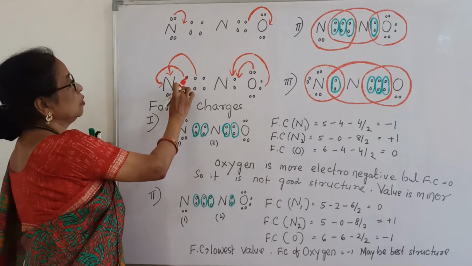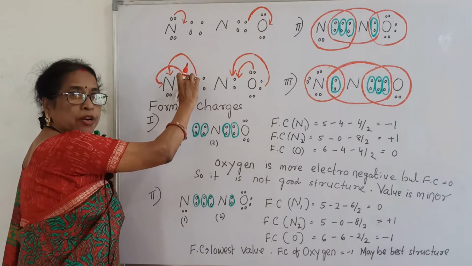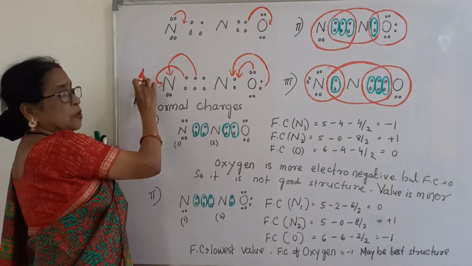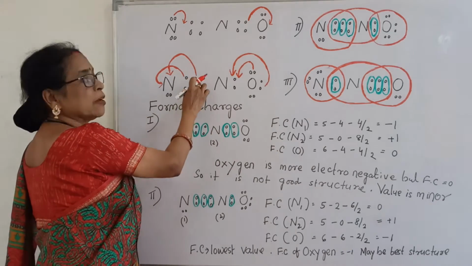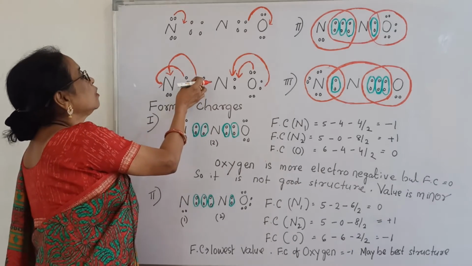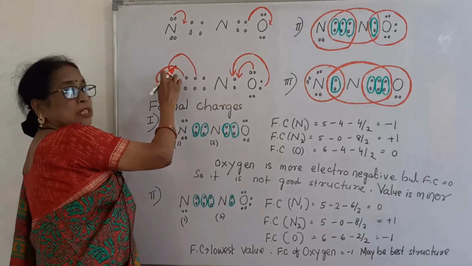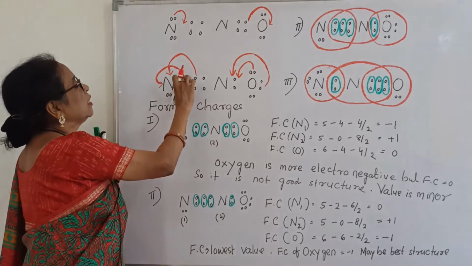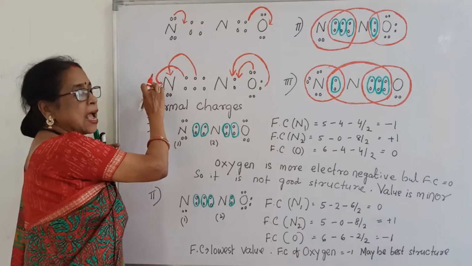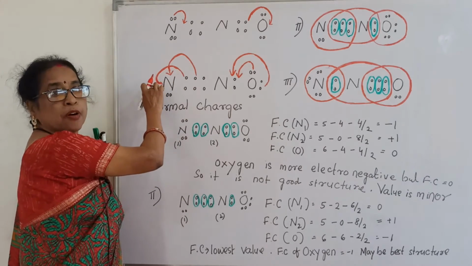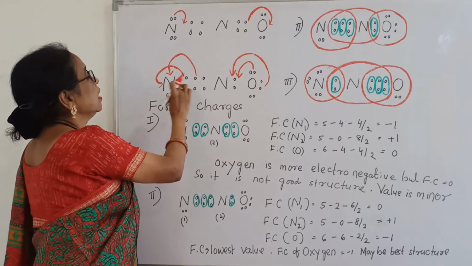Now you can transfer 1 pair of bonding electrons to this first nitrogen. The other bonding pair of electrons can also be transferred to this nitrogen. That means this pair of bonding electrons is transferred here and acts as non-bonding electrons.